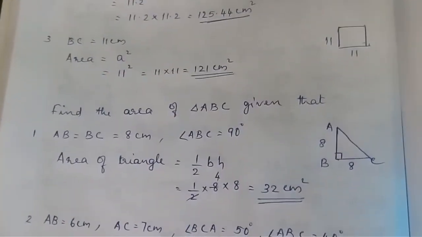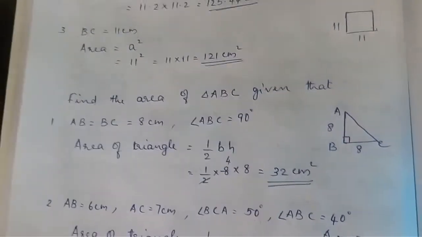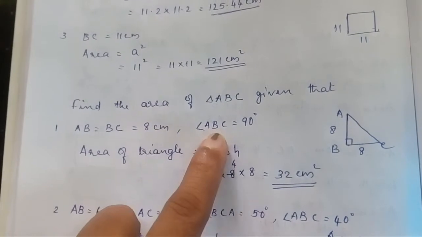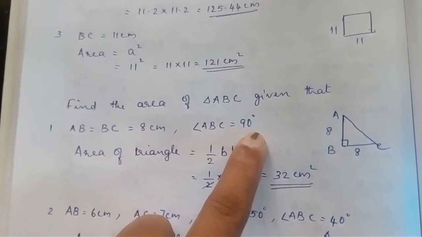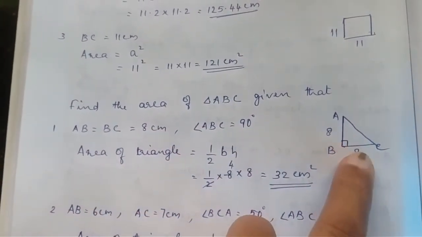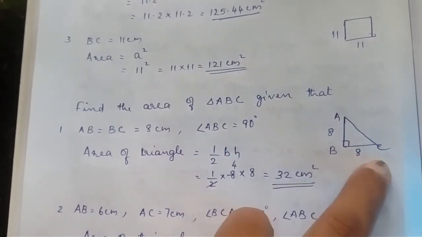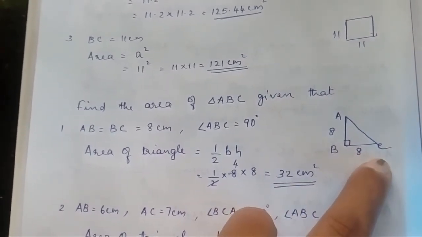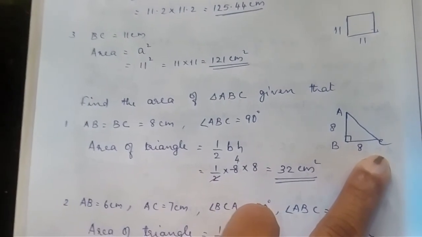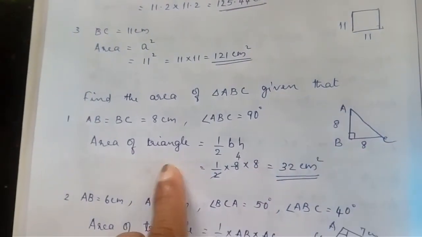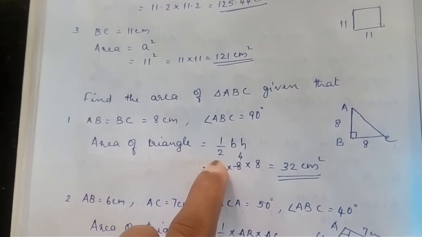Then find the area of triangle ABC, given that AB equal to BC equal to 8 centimeter and angle ABC equal to 90 degree. You see, it is a right triangle at B. And AB, BC both have same length, which means it is an isosceles right angled triangle. Here we can find the area by applying half BH.